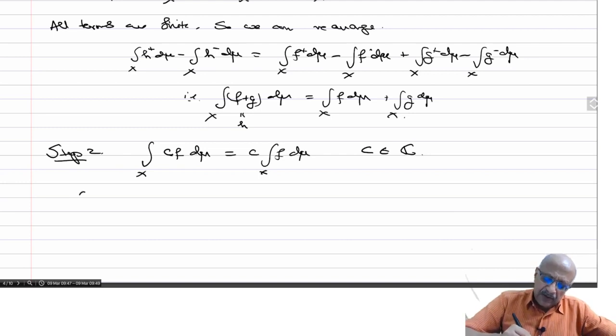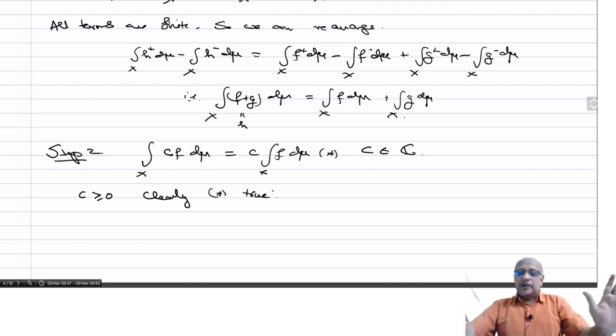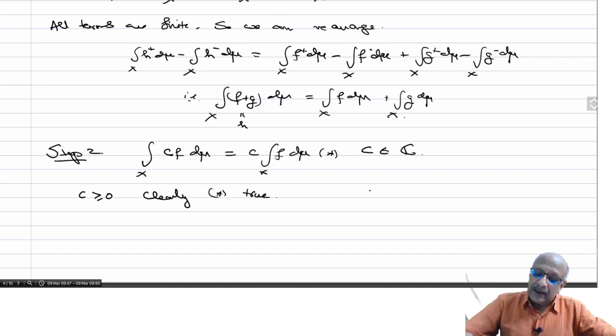So if c is non-negative, that means a real number which is non-negative, then clearly star is true by definition, because for non-negative functions you have, and then the integral is defined using the real and imaginary parts, and also for each using the positive and negative parts.